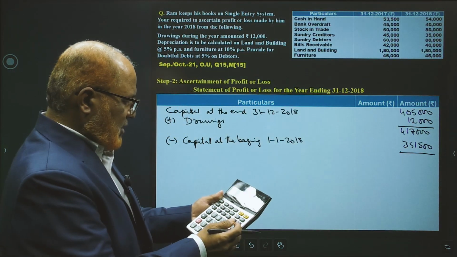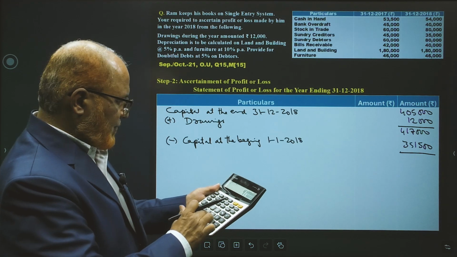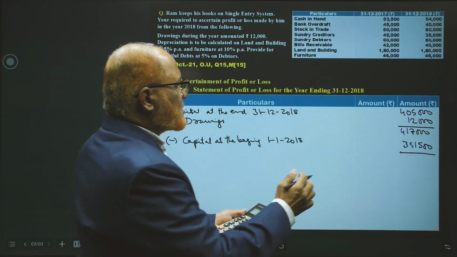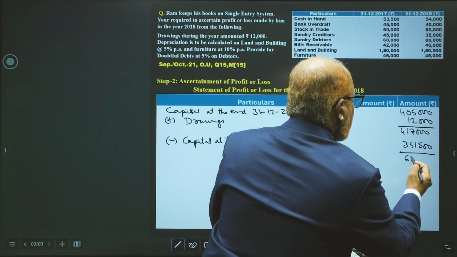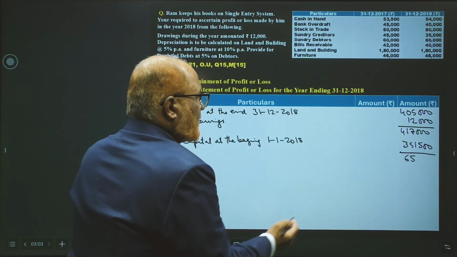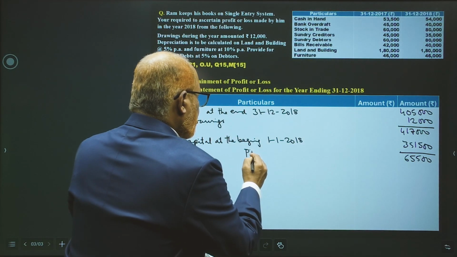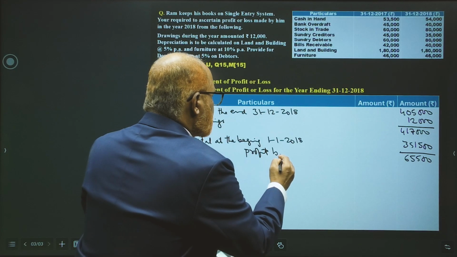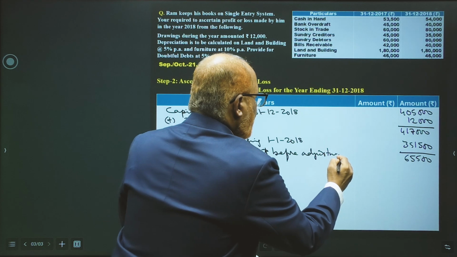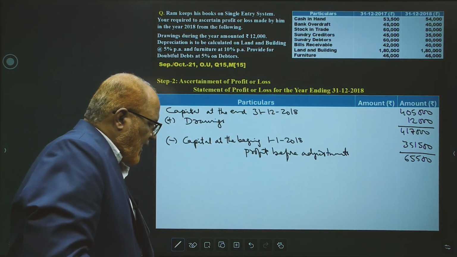Now we'll see what is the amount. 4,17,000 minus 3,51,500 comes to 65,500. This 65,500 is the profit before adjustments. Now we have to make the adjustments.